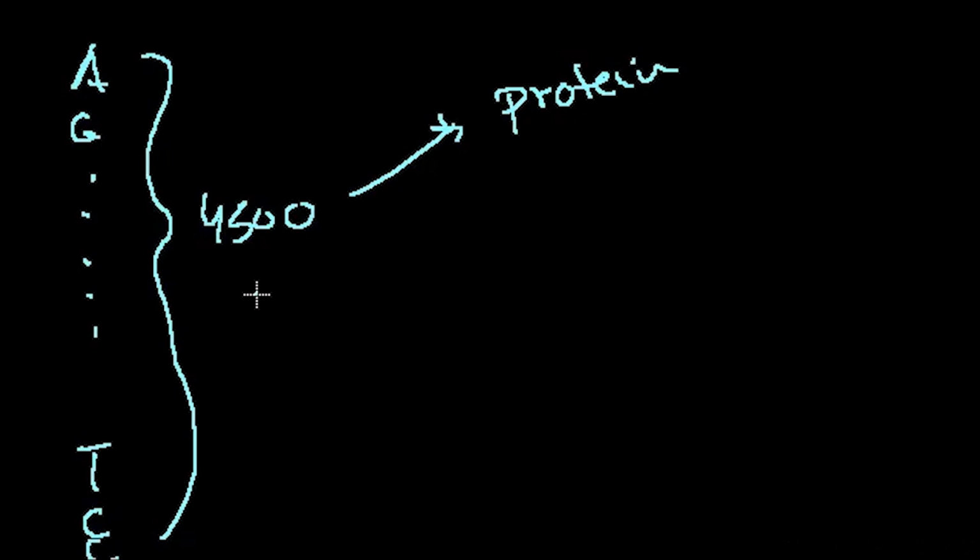So it becomes super complex. But this kind of section of our DNA is what we refer to as a gene. And a gene can have anywhere from a couple of hundred of these bases to several thousand of these base pairs. A gene is that part of our chromosome that codes for a particular protein or serves a certain function.